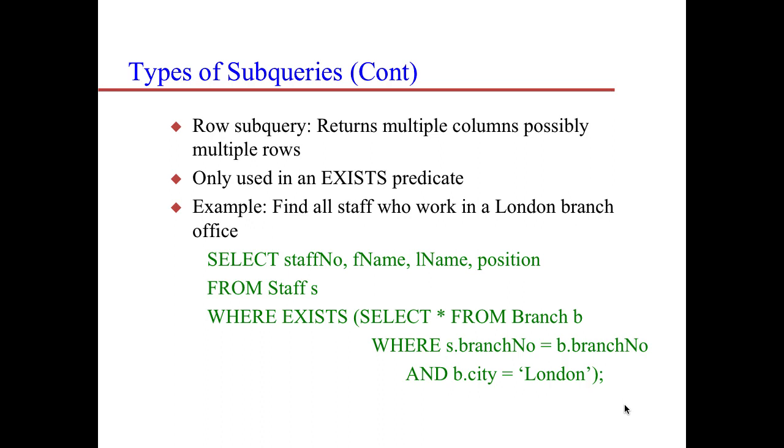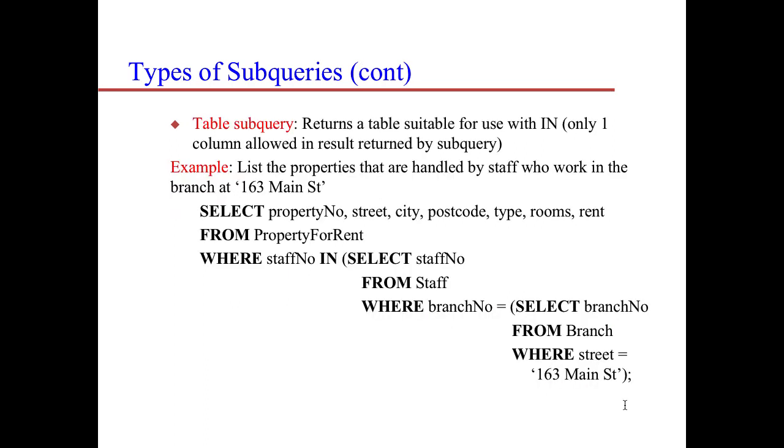So we've had scalar subquery, we've had this row subquery. The scalar subquery returns a single value, row subquery returns a table, and then we have a table subquery, which returns a table, except it uses in rather than exists. A row subquery can return as many columns as it wants. A table subquery can only return a single column.